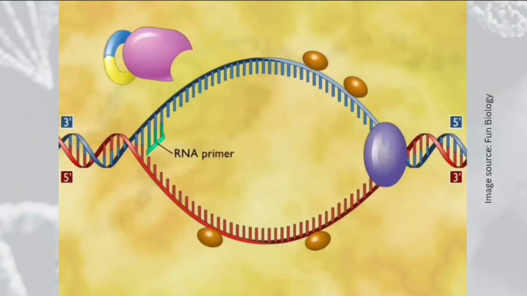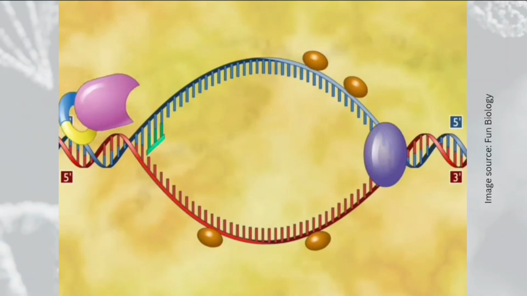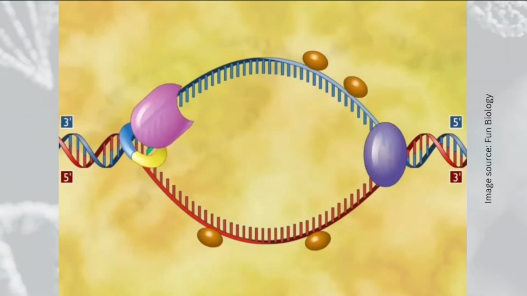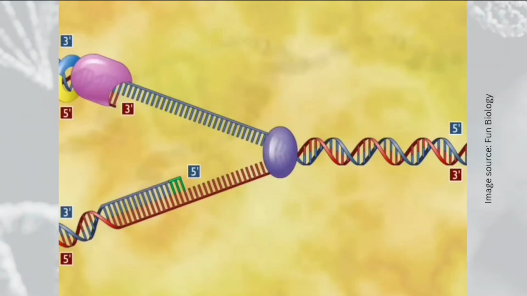Now DNA polymerase will come and it will start binding the other nucleotides in the 5' to 3' direction, and that strand will be called the leading strand, and the opposite strand, that means the lagging strand, will make the Okazaki fragments. Here you can see the details.